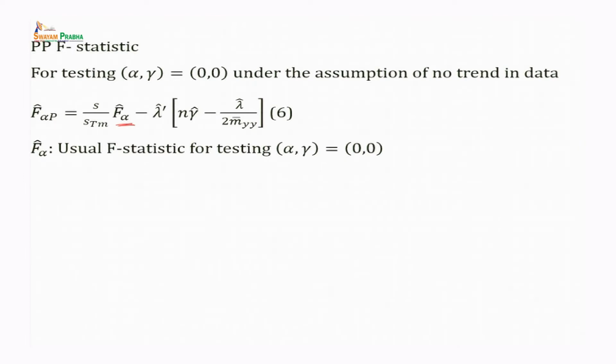And then, keeping in view the autocovariances, the F statistic has been adjusted using this term, and then this is the Phillips-Perron F statistic for testing the hypothesis alpha gamma equal to 0 0.